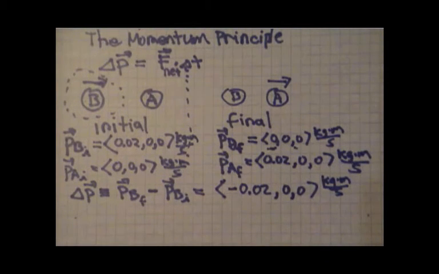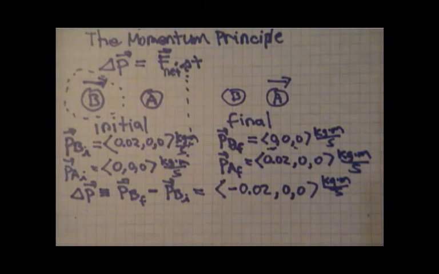Most of the net force is due to the force exerted by ball A on ball B. There are also forces of gravity acting on ball B, and the force of the string that's holding up ball B is also acting. But by far, during the collision, which lasts for a very short amount of time, the dominant contribution to the net force is the force that ball A exerts on ball B.